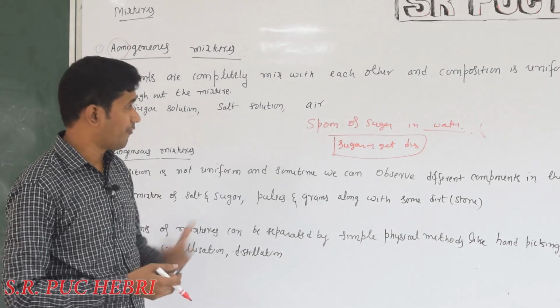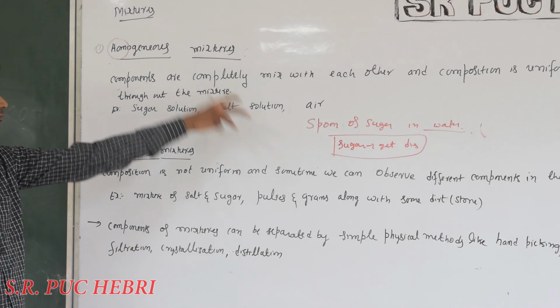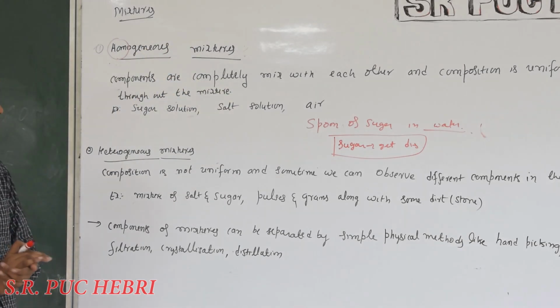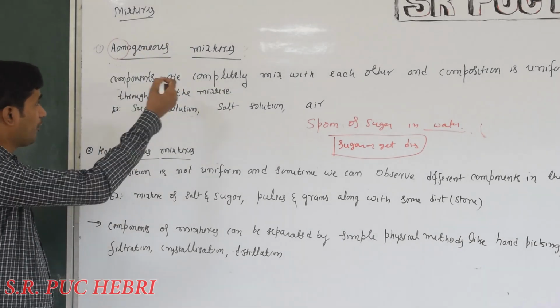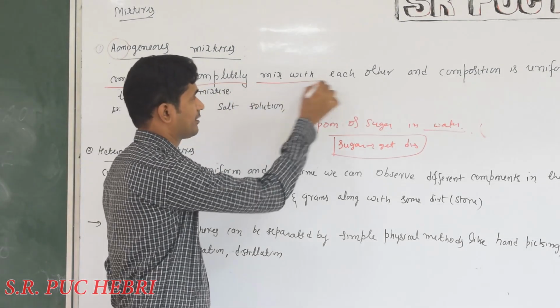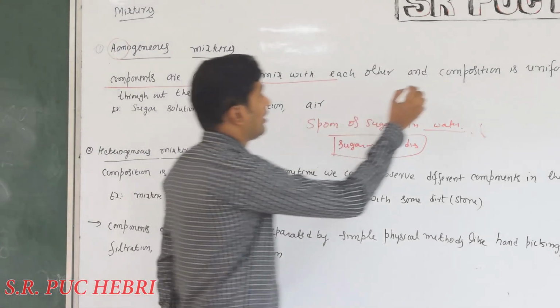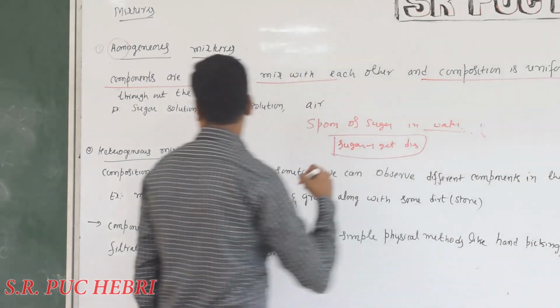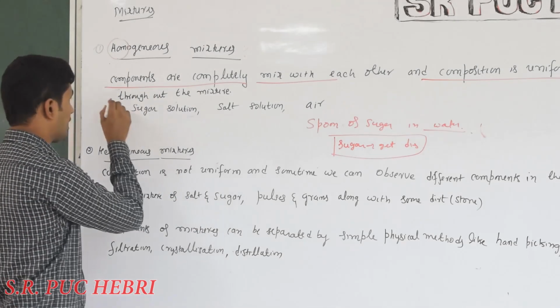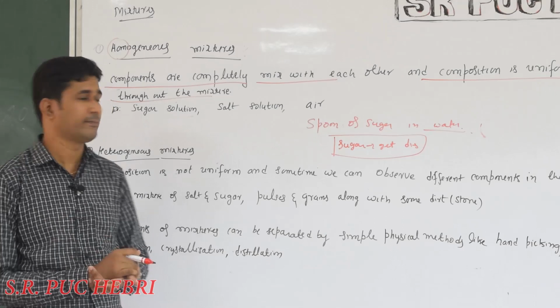This type of mixture is what we call a homogeneous mixture. In a homogeneous mixture, components are completely mixed with each other, and the composition is uniform throughout the mixture. Composition means the concentration of the solution is uniform throughout.